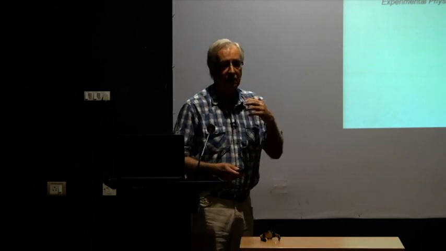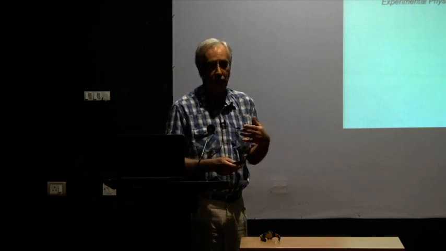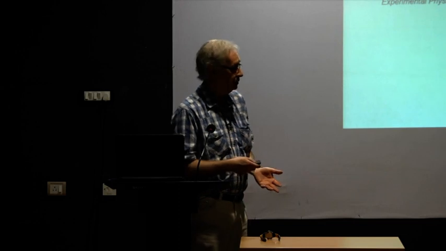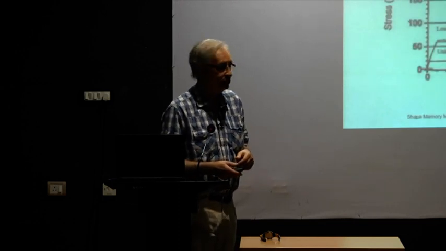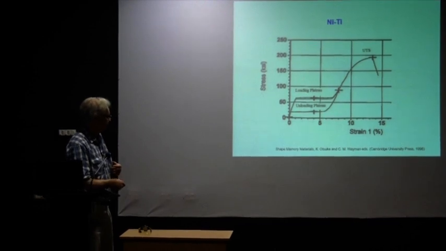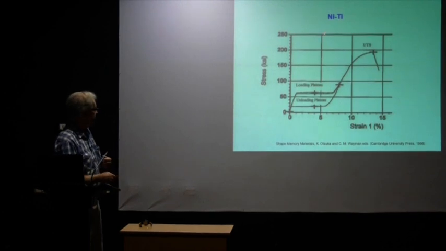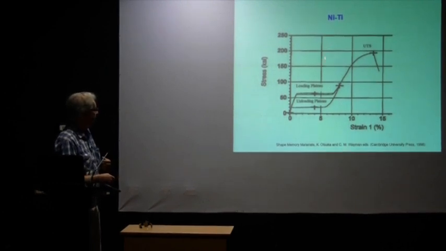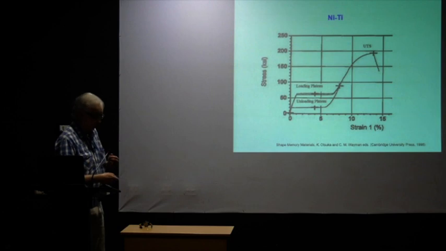The way to quantify these things is usually to do a stress-strain measurement. And a stress-strain measurement typically looks something like this. So you have the stress versus the strain over here. And this is nickel titanium in the austenite state.